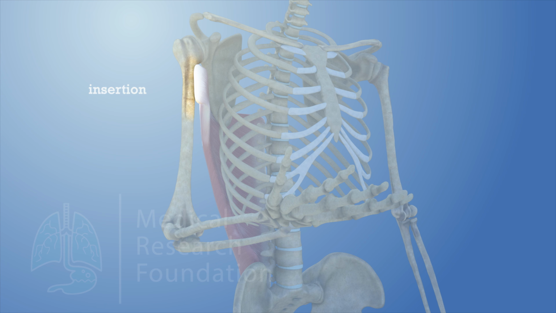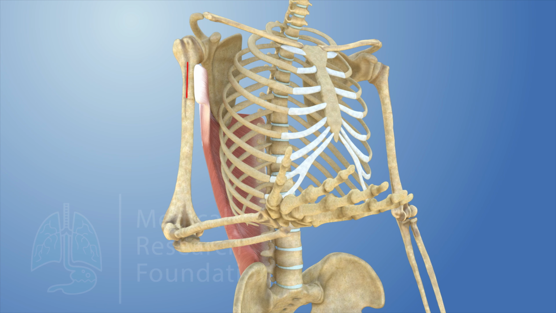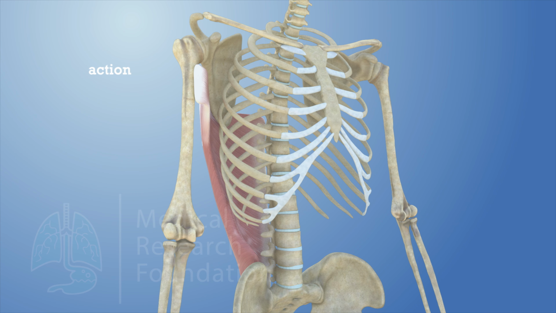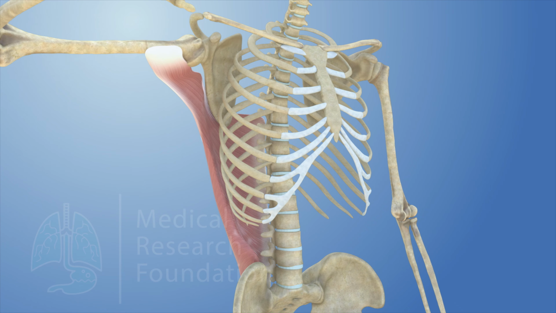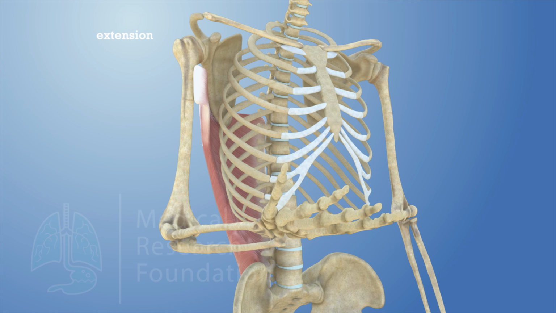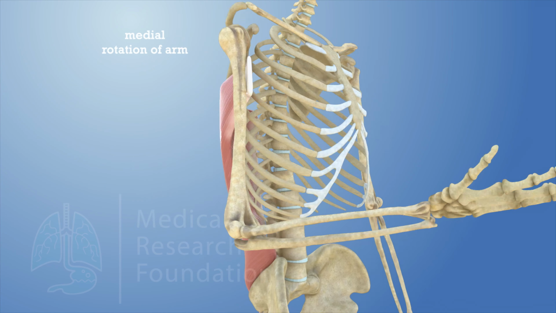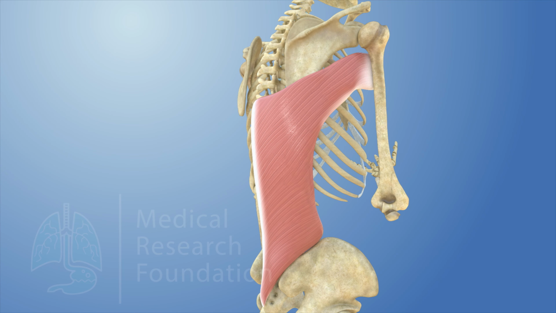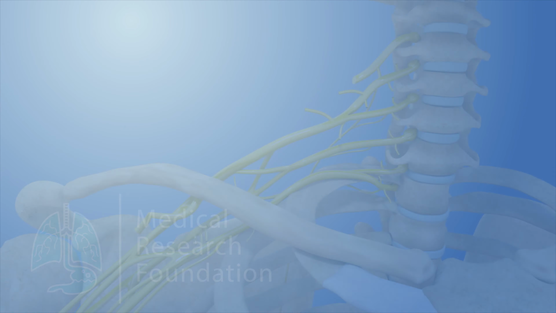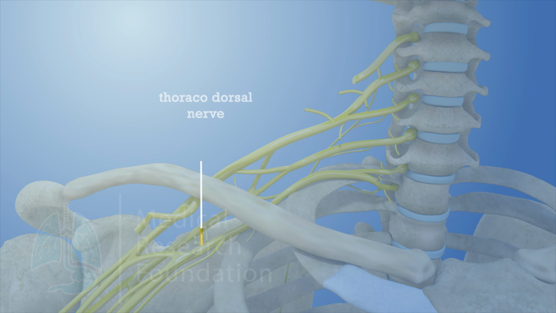Insertion. Floor of the bicipital groove of the humerus. Action. Latissimus dorsi causes adduction, extension, and medial rotation of the arm. Nerve supply is by the thoracodorsal nerve.